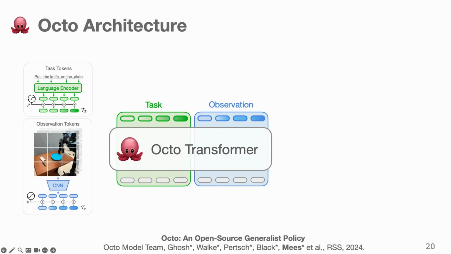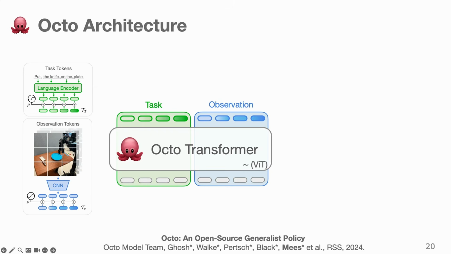Then you concatenate both tokens, observation and task tokens, and pass them through a transformer that in essence looks very similar to a vanilla vision transformer, like a ViT.